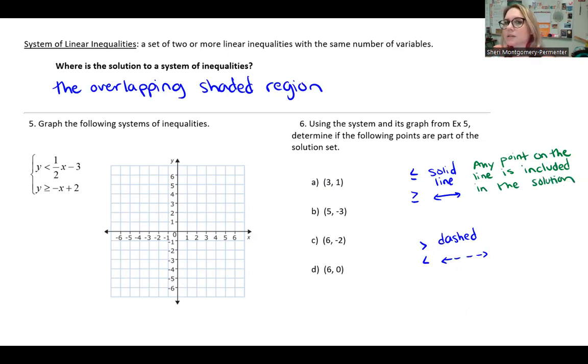So any point on a solid line is included in the solution. That means any point on a dashed line is not included. Okay, points on a dashed line are not included.